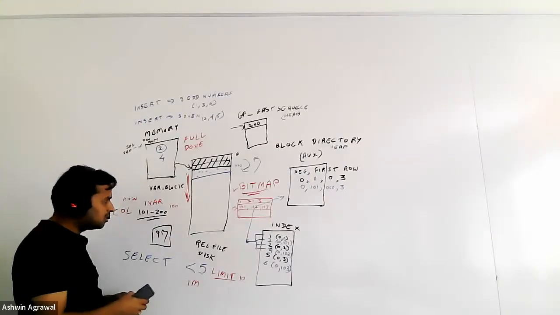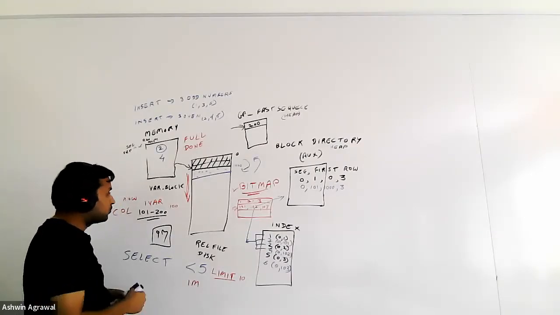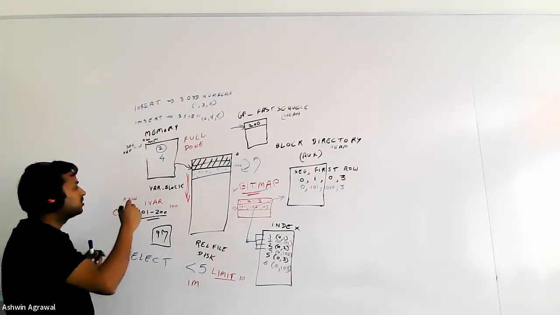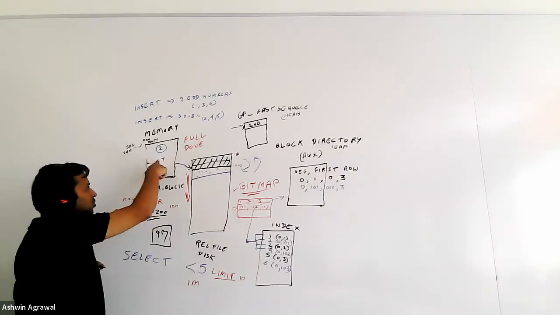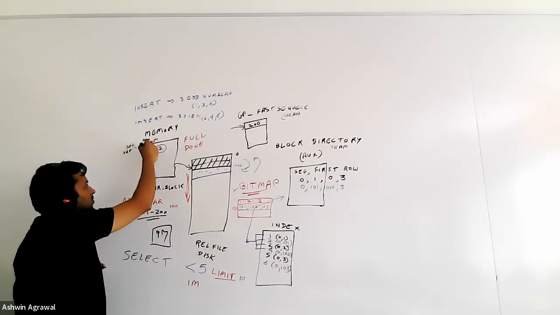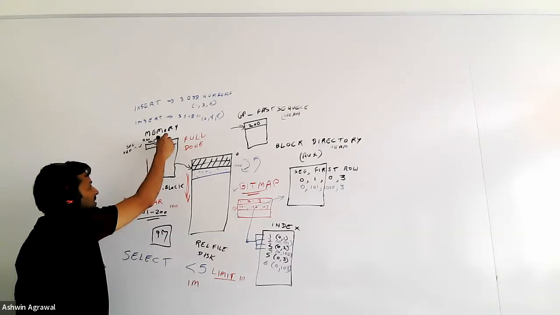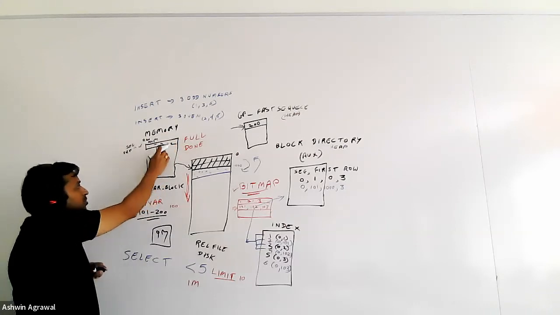So if we always insert just one row, would we have a lot of holes? Not exactly holes, but we have a lot of overhead, because every block has a header. So you'll have one row and a block header.